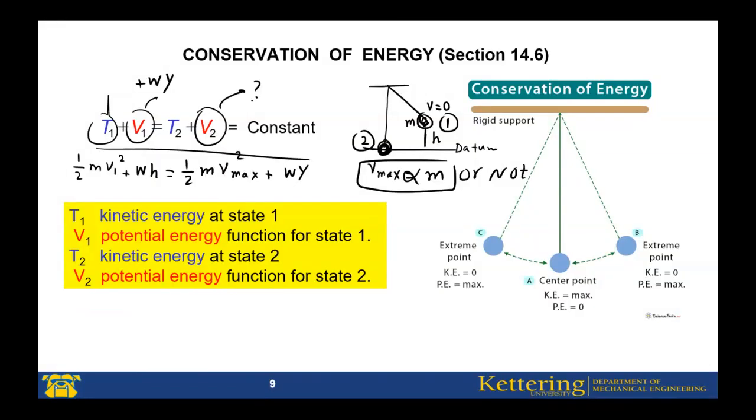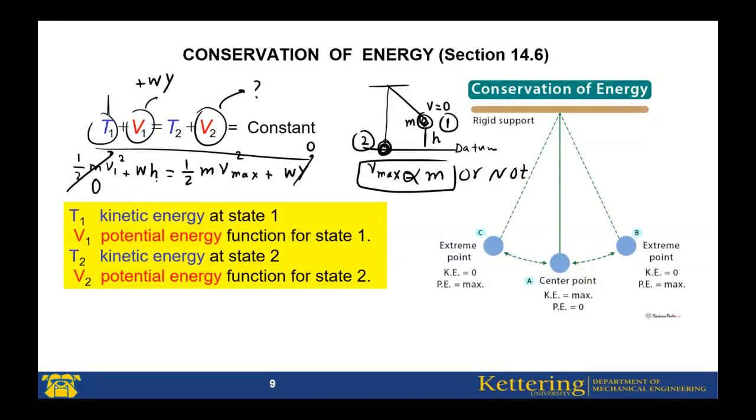How much is the potential energy at state 2? 0. It is 0, because this one is 0. Also, because it is released from rest, this one also is 0.